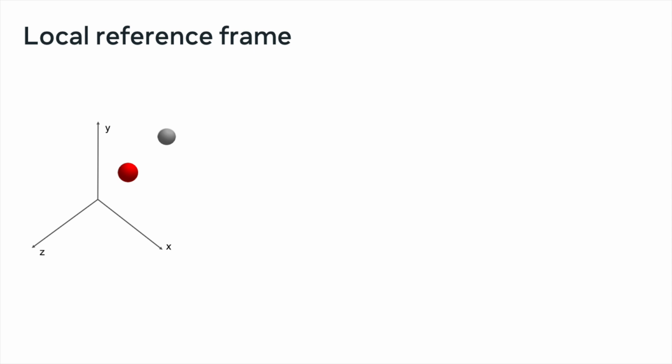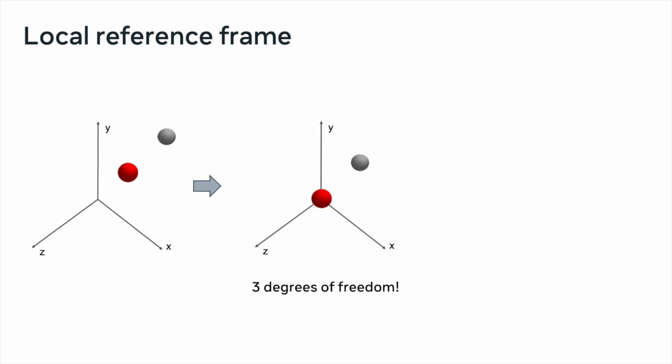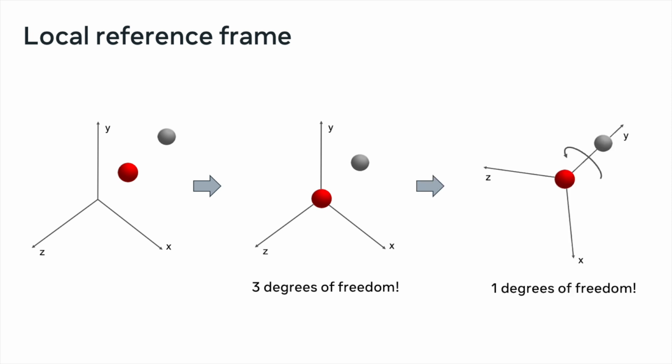But we can remove a lot of these degrees of freedom if we create a local reference frame. For instance, we could take the target atom, which is the red atom, and position it at the origin of our local reference frame. And this basically removes 3 degrees of freedom, and this leaves us 3 final remaining degrees of freedom due to the rotation. But we can get rid of some of these by aligning the y-axis with the gray atom.